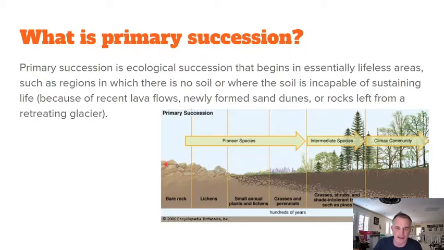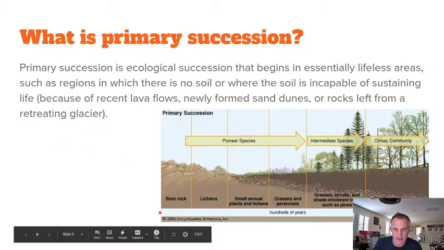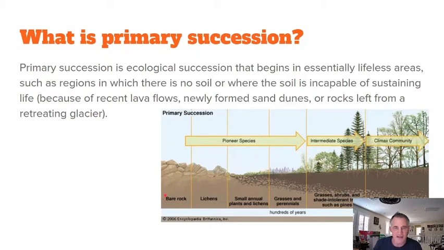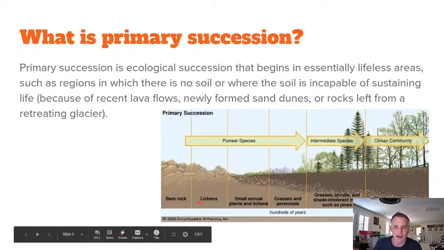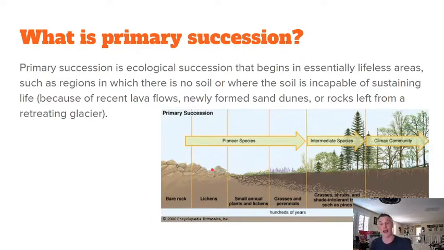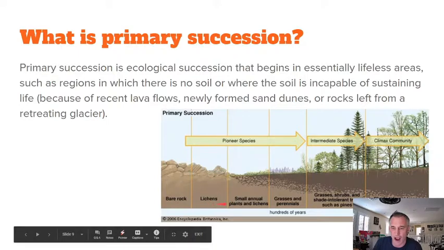If you take a look at this picture, think of this as a timeline, and we're moving this direction to go forward in time. We start off with bare rock, and then we have these things called pioneer species that come in, like lichens. Lichens colonize the rock. They trap moisture and water. Then through a heating and cooling process and evaporation, the rock begins to break up and form soil.